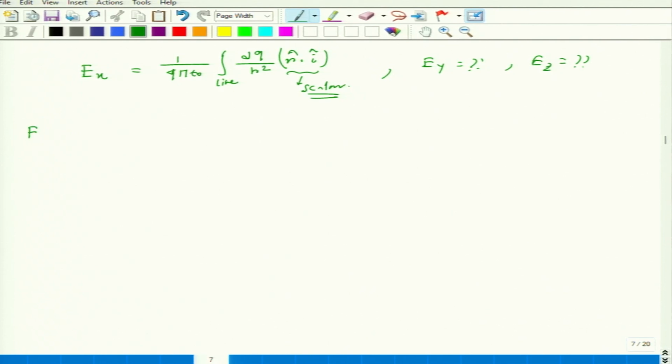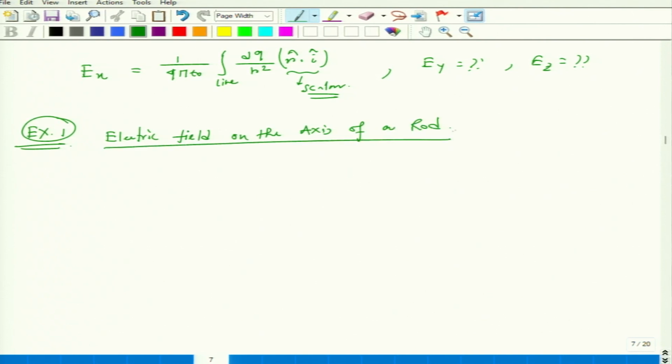So example 1. We calculate the electric field on the axis of a rod. So again we consider a rod.